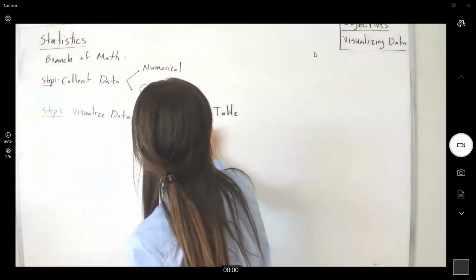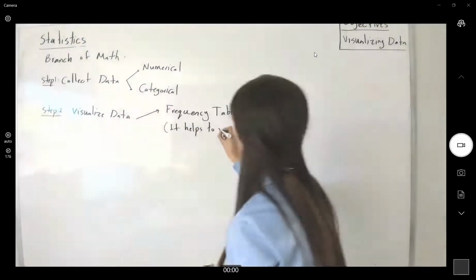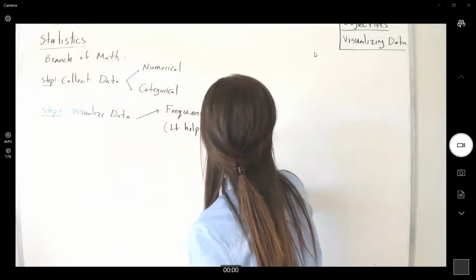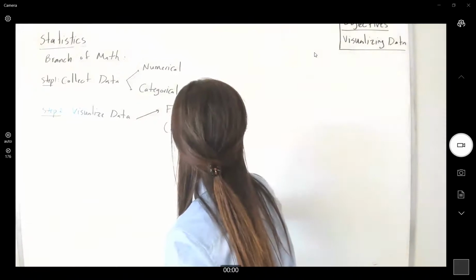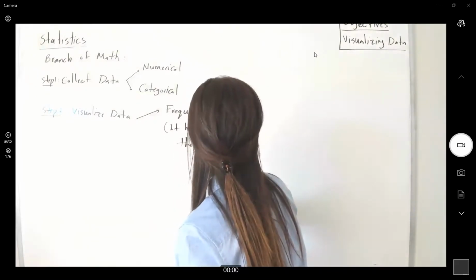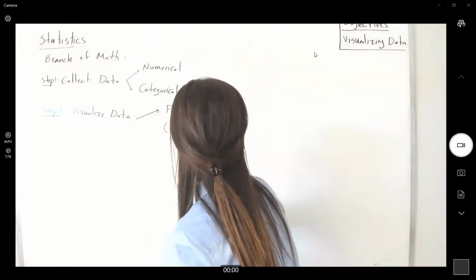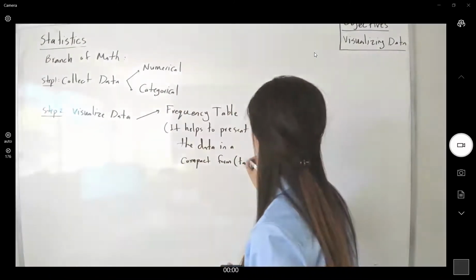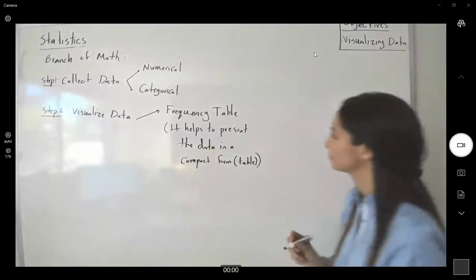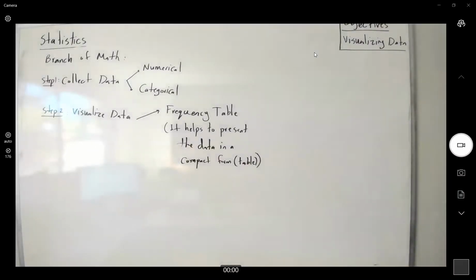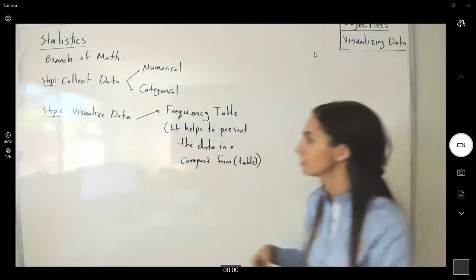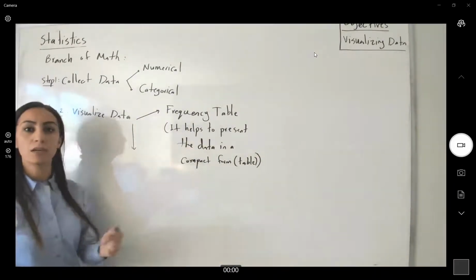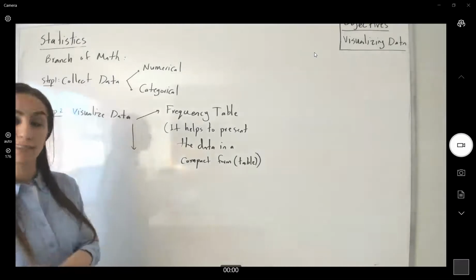It helps to present the data in a compact form, which is actually a table. Then we're going to talk about other methods of visualizing the data using our calculator software.